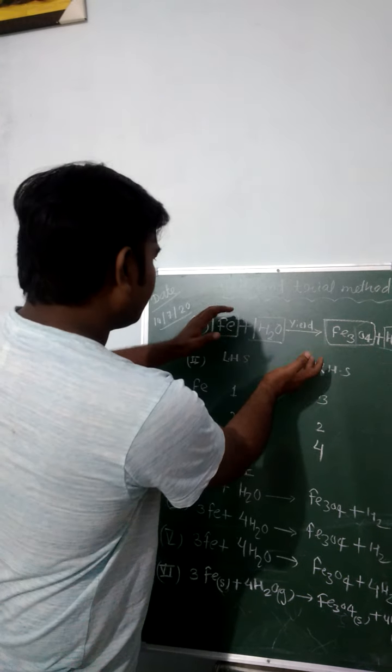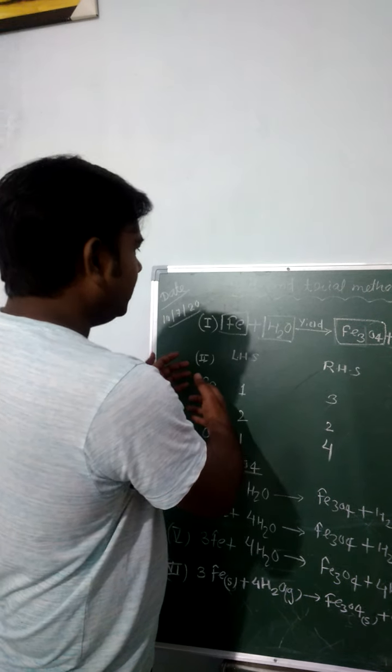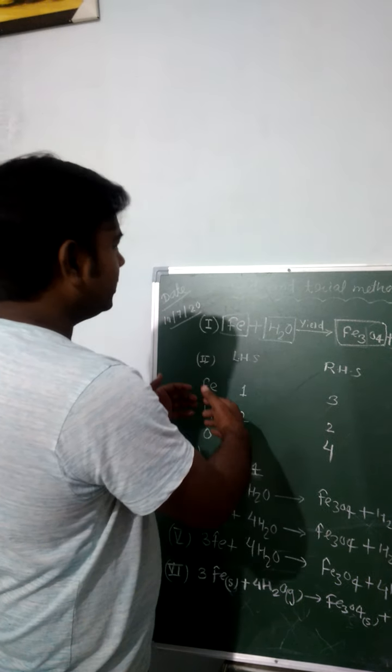Left hand side means this side elements and right hand side means that side of elements. So here iron, number of iron atoms 1, hydrogen, number of hydrogen atoms 2, oxygen, number of oxygen atoms 1, and on the right hand side there are 3 iron atoms, 2 hydrogen atoms and 4 oxygen atoms.